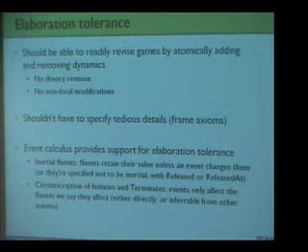One of the reasons we enjoy using the event calculus is that it's possible to develop idioms for using it that are elaboration tolerant. Elaboration tolerance means that you can make local changes to a theory without having to do global theory revision. So we would like to be able to revise games by atomically adding and removing dynamics, right?